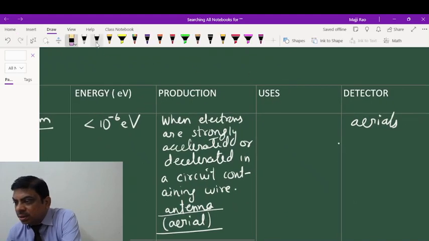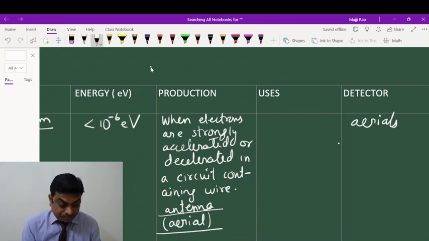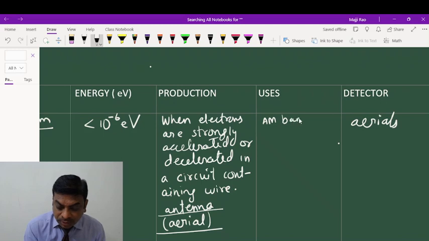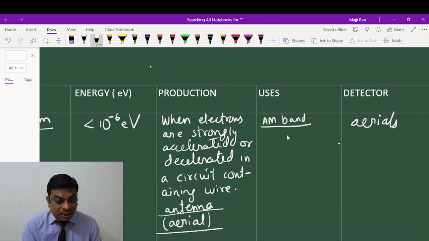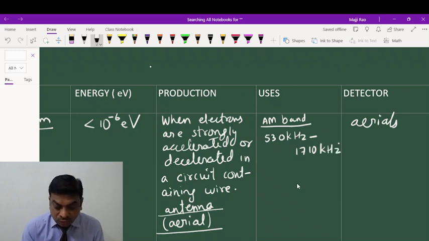Anyway, let us continue with this. In radio waves we have the amplitude modulated band. Here basically they use frequencies of the order of around 530 kilohertz to around 1710 kilohertz. So 1710 kilohertz means roughly 1.71 megahertz.